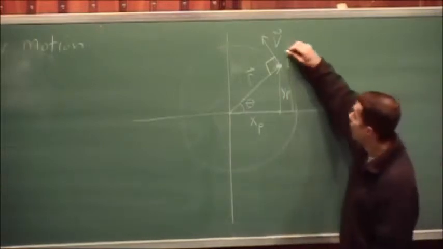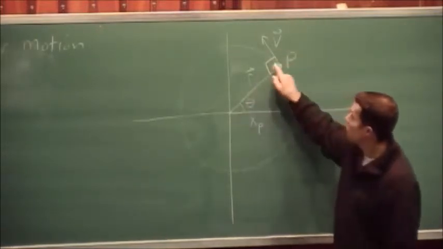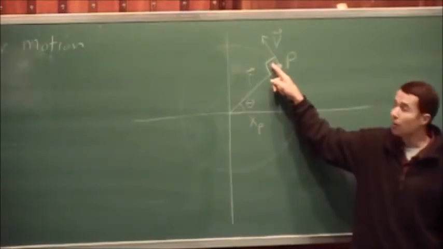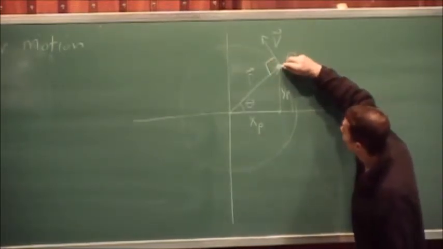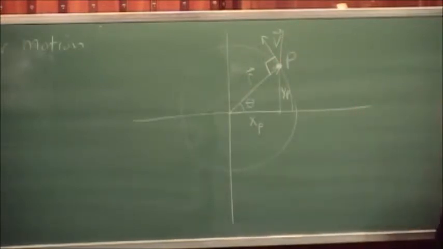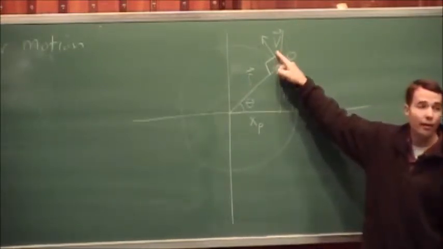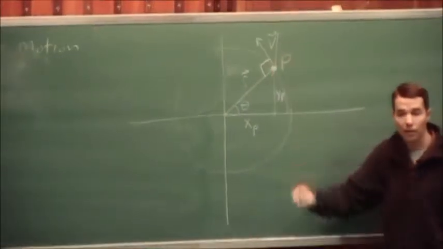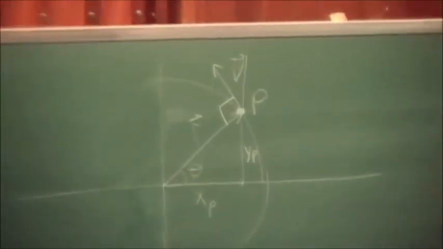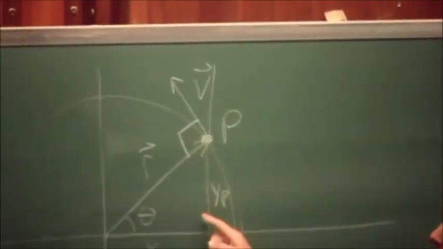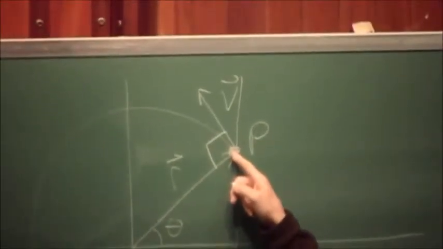Okay, so now, if this is 90 degrees right here, we're going to go back to geometry. What is this angle right here? Okay, we know that the sum of these three angles has to be 180 degrees.